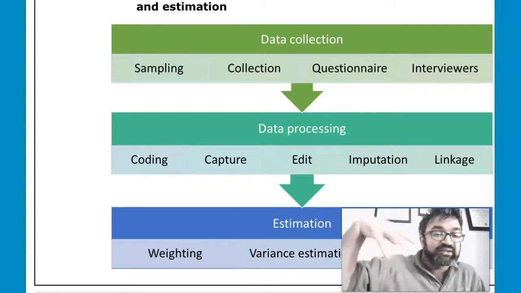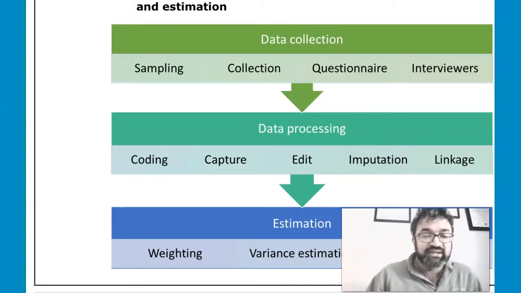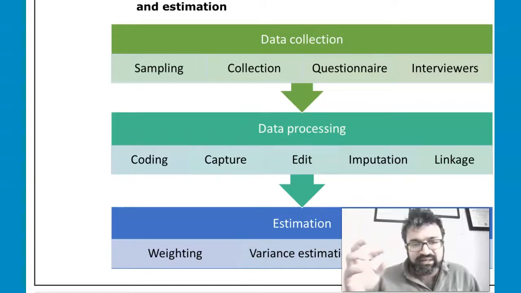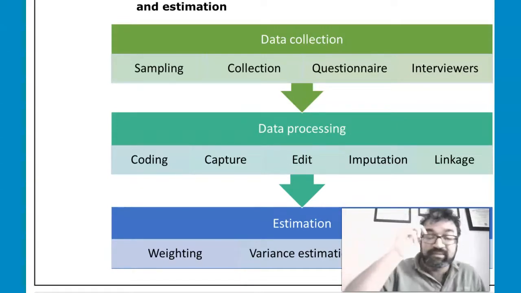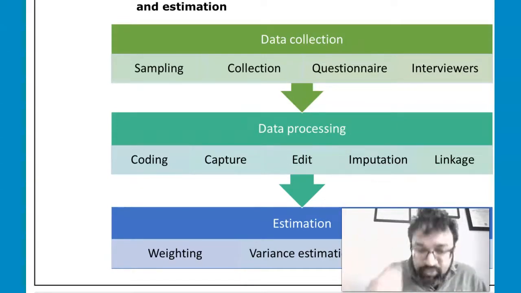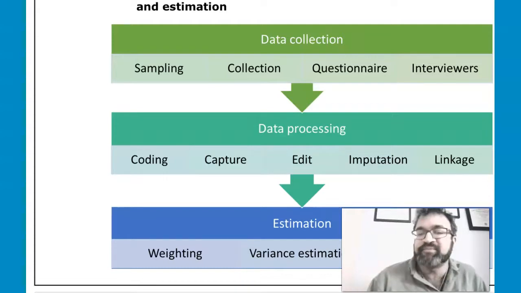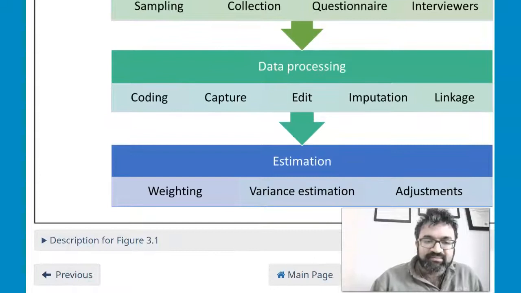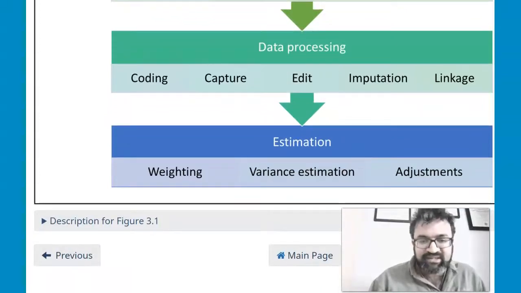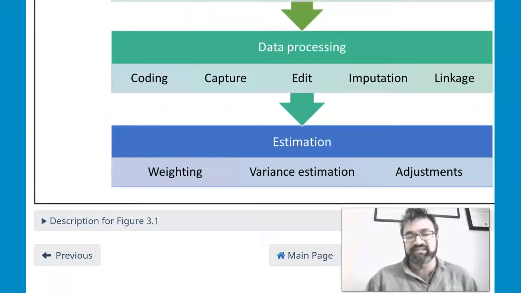Under the umbrella of collection, think of sampling, collection, questionnaire, but even think about the interviewers. And data processing, think about coding, capture, edit, imputation, linkage, and then estimation: weighting, variance estimation, and adjustments.